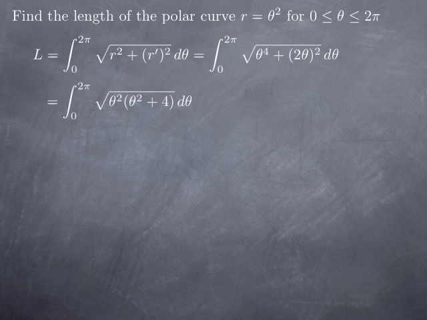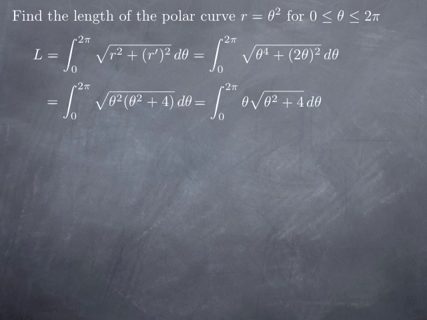I can pull the theta squared out of the root, and because theta is positive, right, normally the square root of a square gives you the absolute value of what was under the square, but in this case theta is positive, so what we obtain is simply the integral from 0 to 2 pi of theta multiplied by the root of theta squared plus 4.